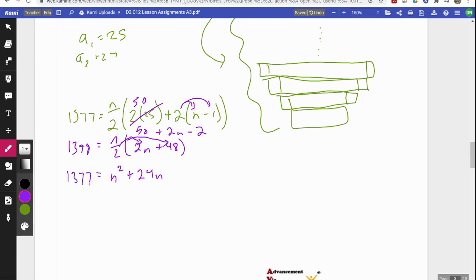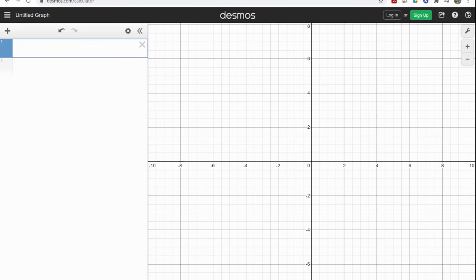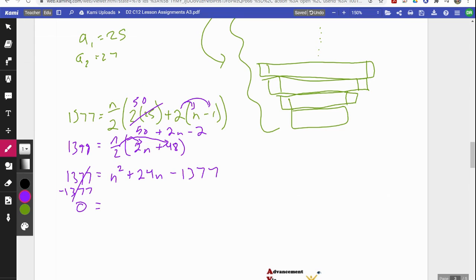Now this is unprecedented for what we've been seeing, but no matter, it's a quadratic. We need to get everything on the same side to solve a quadratic. And now it's equal to 0, and we can solve it. We could guess and check. We could use the quadratic formula, but since I have Desmos open, I'm going to solve it by graphing. N squared plus 24n minus 1377.